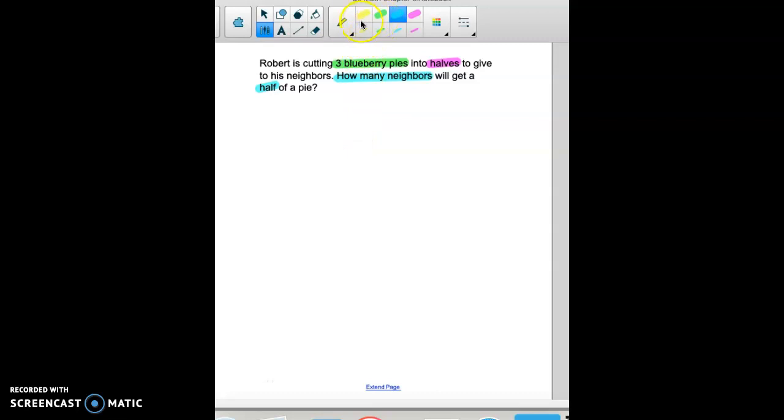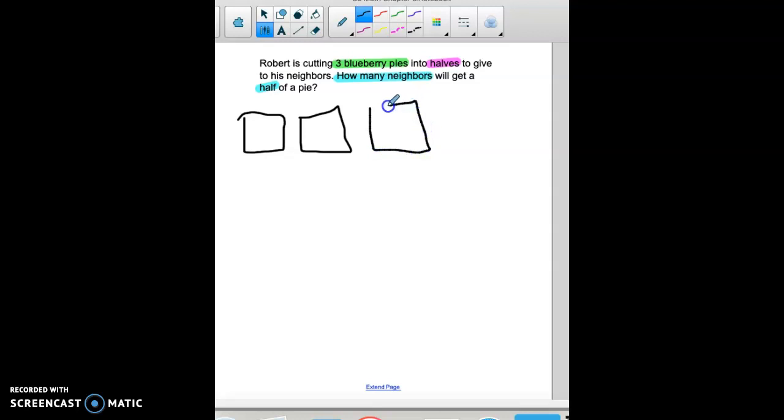So let's draw our 3 blueberry pies. And they are each cut into half. This blueberry pie is cut in half. This blueberry pie is cut in half. This blueberry pie is cut in half.